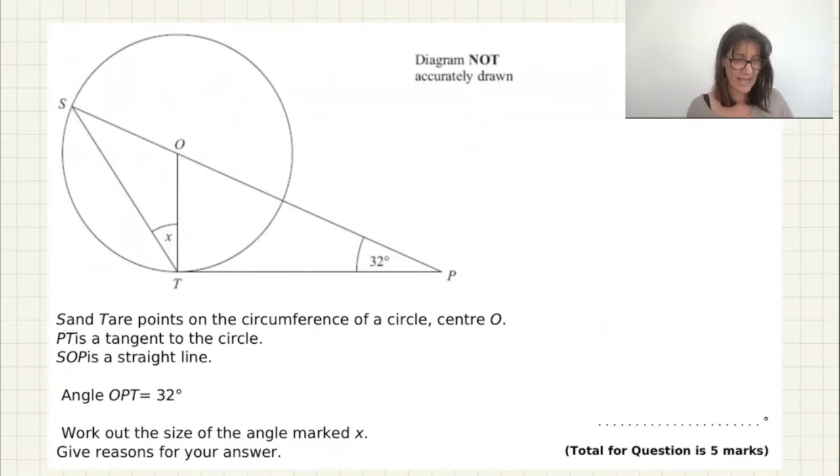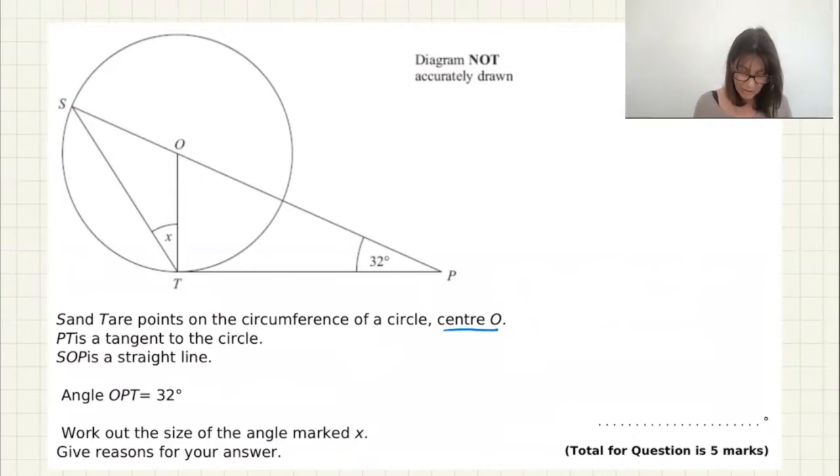Okay, so again, it's always about digesting everything that you've got in the actual diagram along with the information that they give you as well. I know I've got a center of the circle. S and T are points on the circumference. I can see that. We've got that straight line.